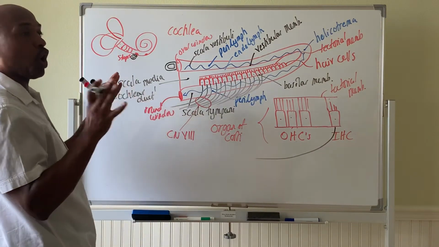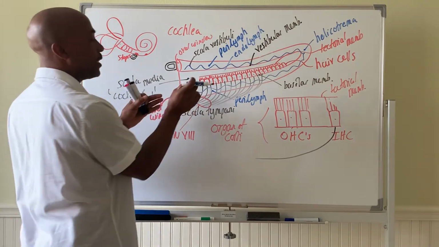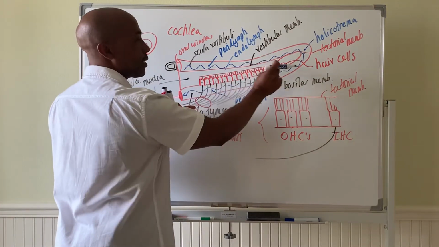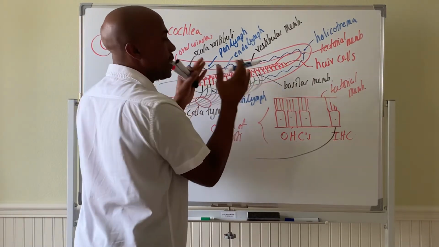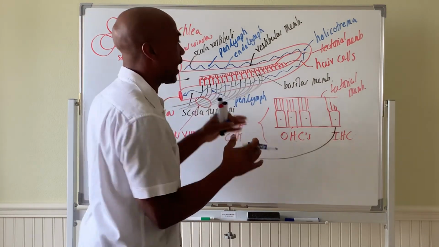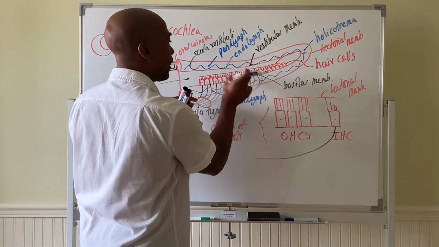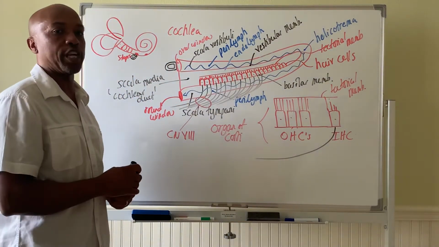Depending on whether it's a high frequency or low frequency sound, different hair cells get disrupted. Based on which cells are disrupted, that's how the brain knows whether it is a high-pitched sound or a low-pitched sound, depending on which inner hair cells are being activated by the vibration.